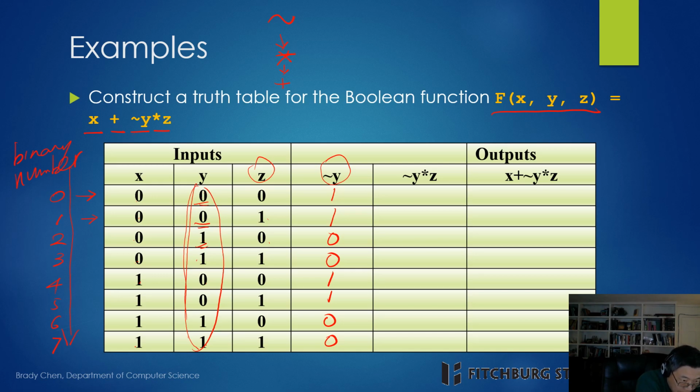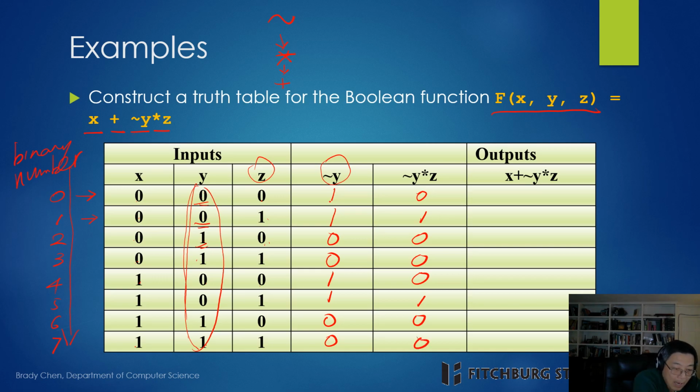So 1 and 0, based on the definition of the AND operator, that's 0. 1 and 1, 1. 0 and 0, 0. 0 and 1, that's 0, right? 1 and 0, that's 0. That's from the definition of the AND operation. You can go back and check the truth table for the AND operator. 1, 1, that's 1. 0, 0, 0, 1.